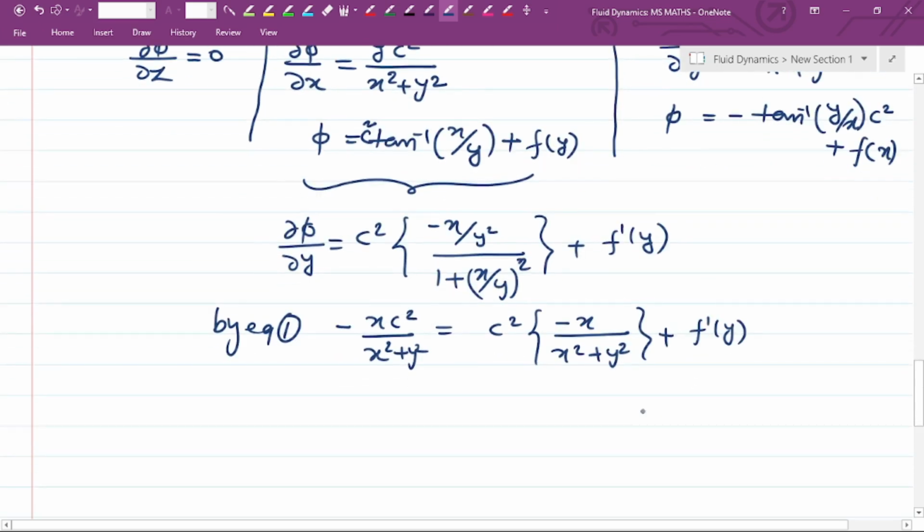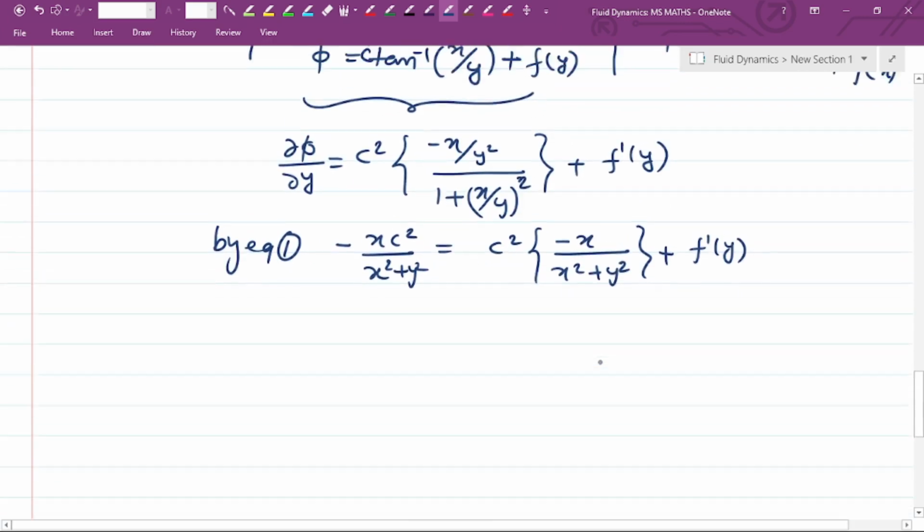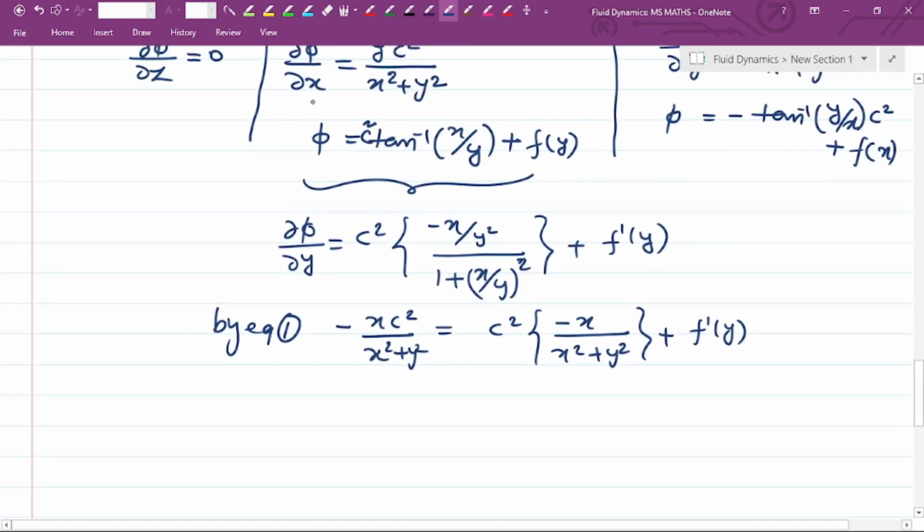On comparing, these both terms are equal. By this expression we find the phi value, and the phi value should be unique.